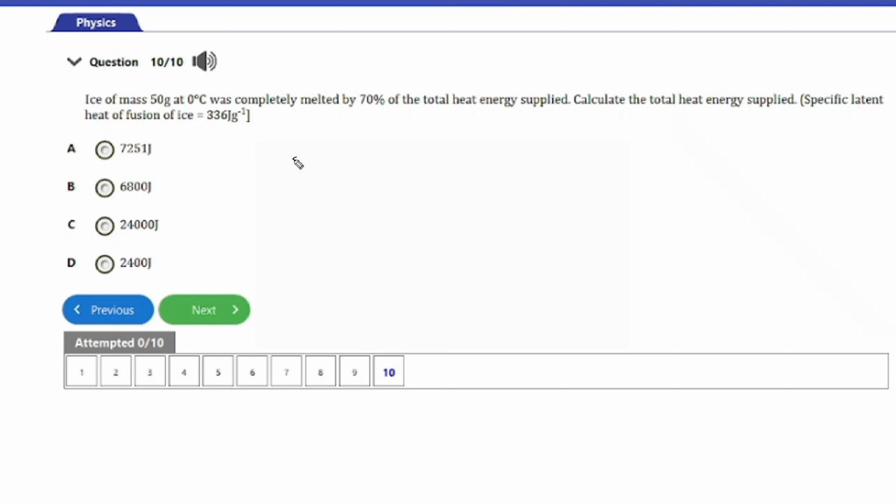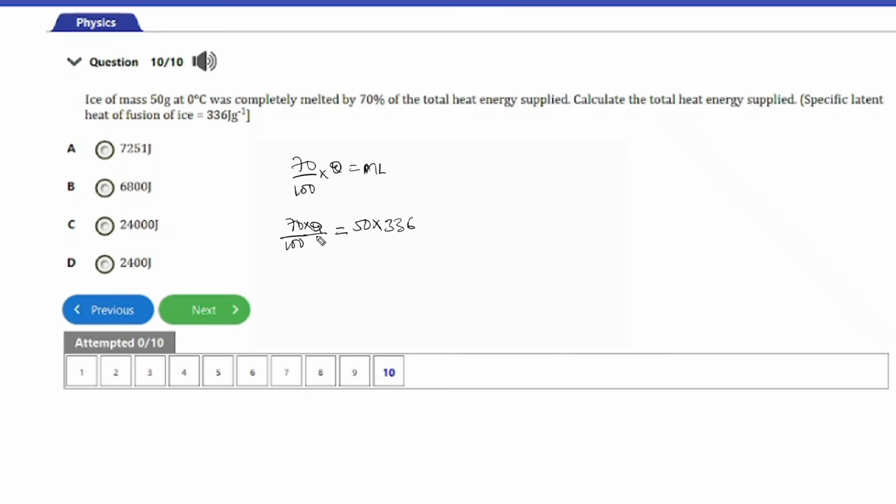So in that case, 70 over 100 times the heat here is going to be equal to the mass times the specific latent heat of fusion. So 70 over 100 times Q, where Q is the heat, is equal to the mass 50 grams times the 336 joule per gram specific latent heat.